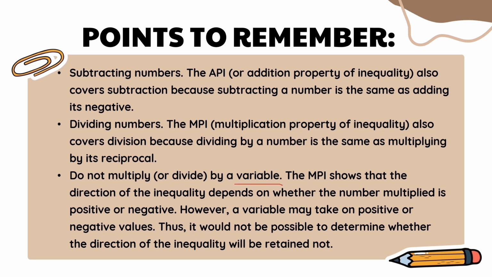The MPI shows that the direction of the inequality depends on whether the number multiplied is positive or negative. However, a variable may take on positive or negative values. Thus, it would not be possible to determine whether the direction of the inequality will be retained or not.